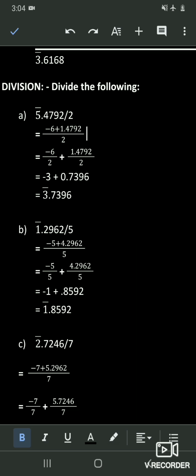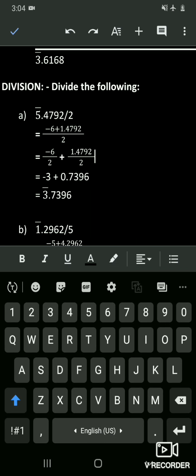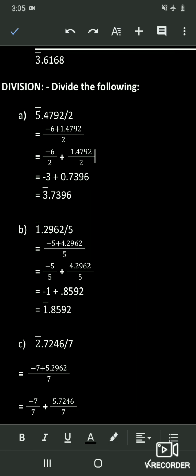So once you are done with this step, the next step would be minus 6 divided by 2 plus 1.4792 divided by 2. So this value you will get with your simple calculators. So the answer would be minus 3 plus 0.7396. So the final answer is minus 3.7396. So whenever the characteristic is negative, you have to solve in this method.